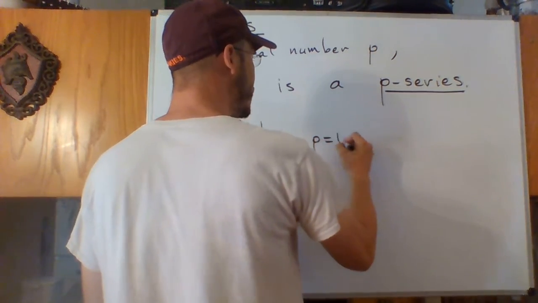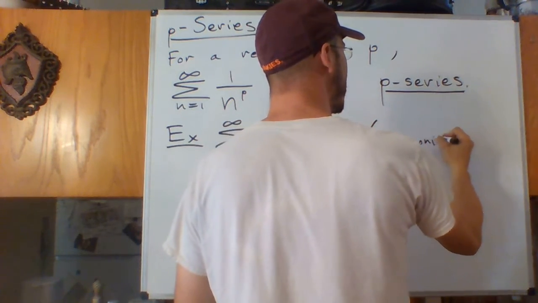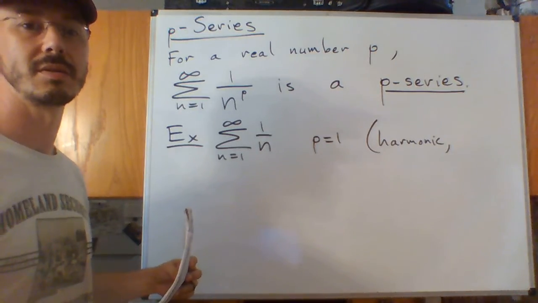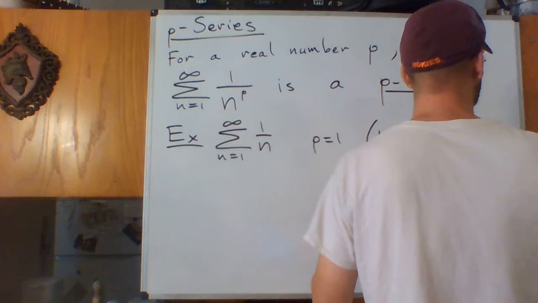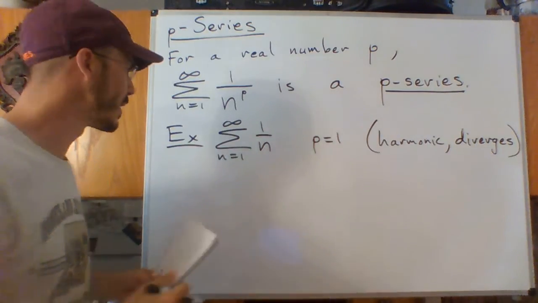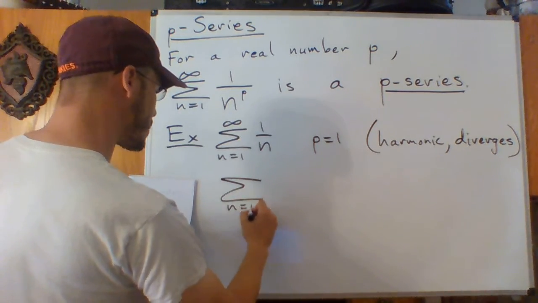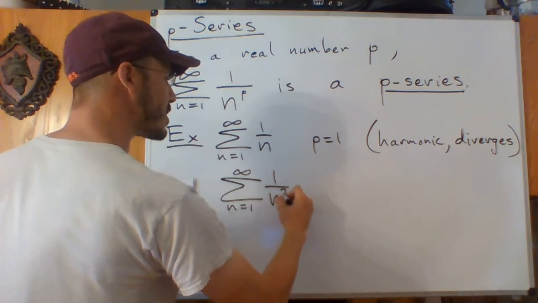P equals 1, and this is the harmonic series. And if you'll recall, it diverges. Harmonic series diverges.